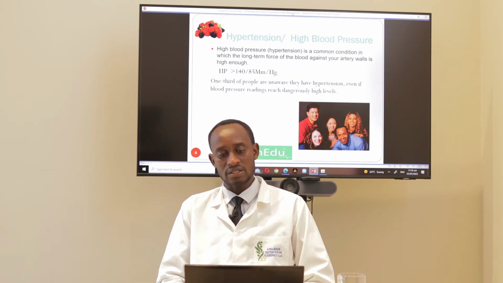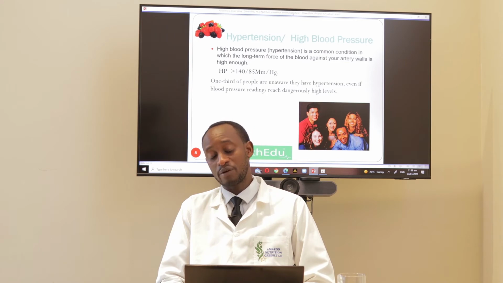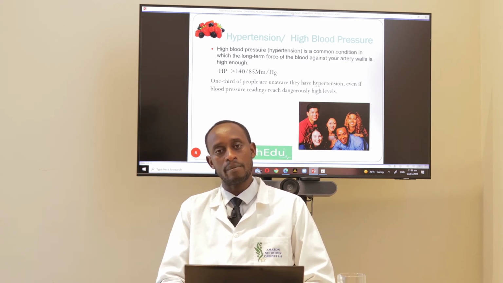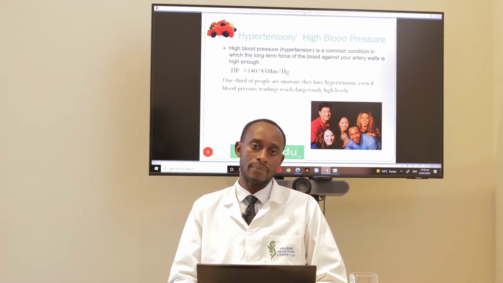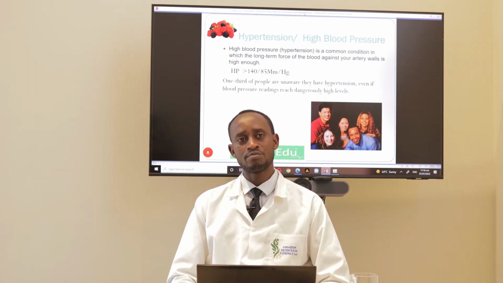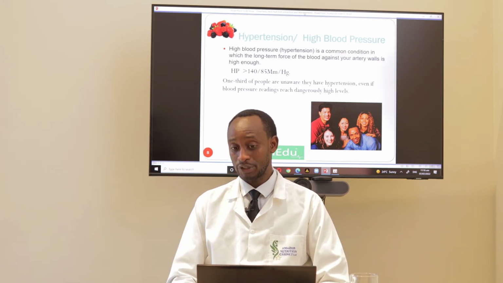When we talk categorically about hypertension, this is where the systolic blood pressure goes above 140, and the diastolic pressure goes above 85 millimeters of mercury. Research has shown that one third of people worldwide are unaware that they have hypertension, yet they are hypertensive.